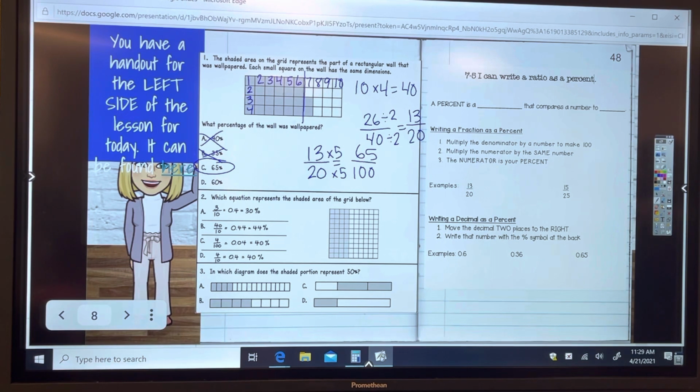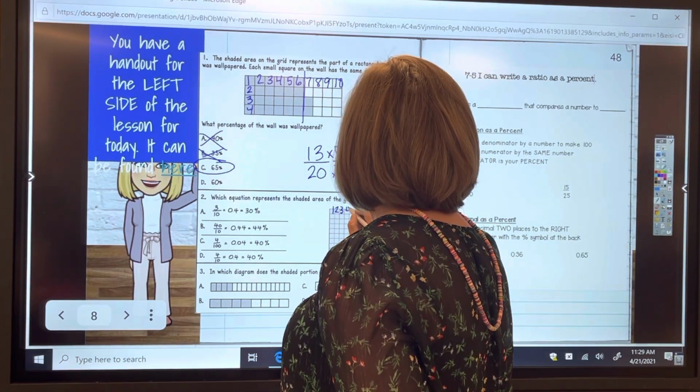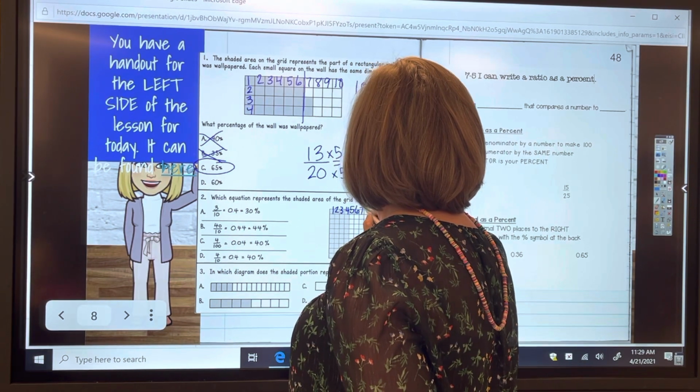All right, let's try the next one. Which equation represents the shaded area of the grid below? What do we have to figure out first? How many squares? I want you to figure out how many squares. Don't say it out loud.